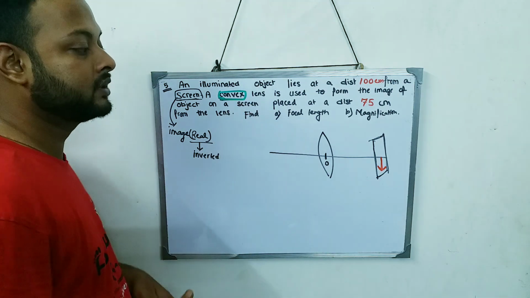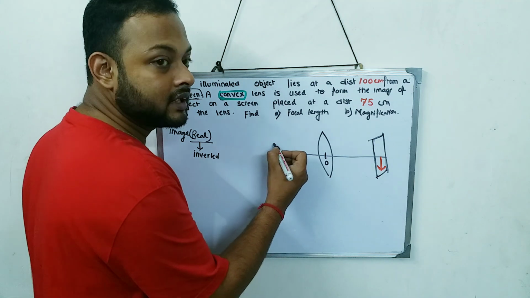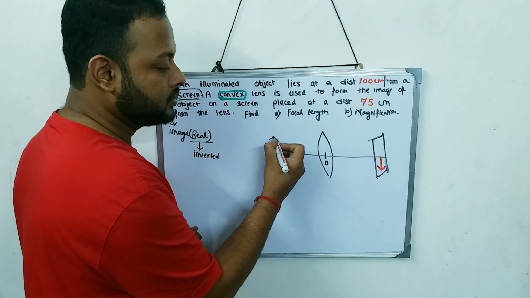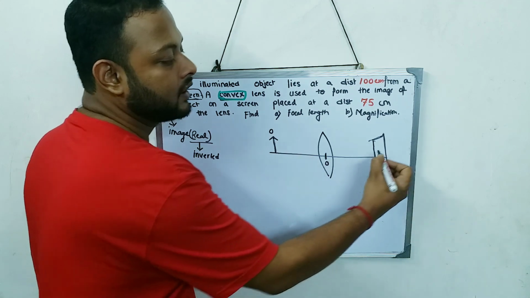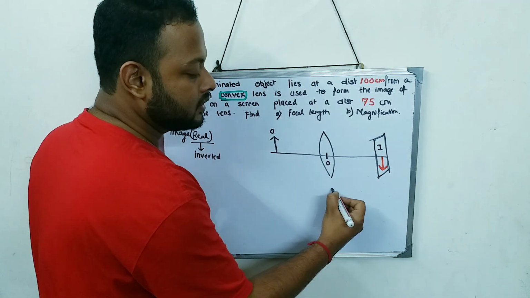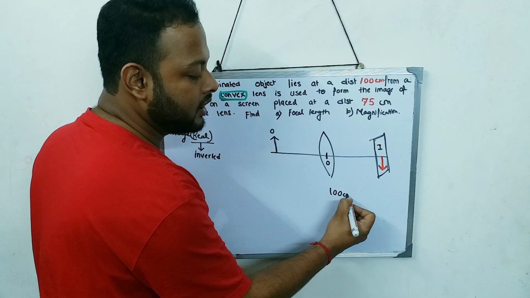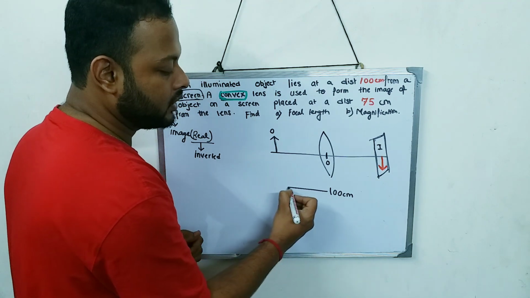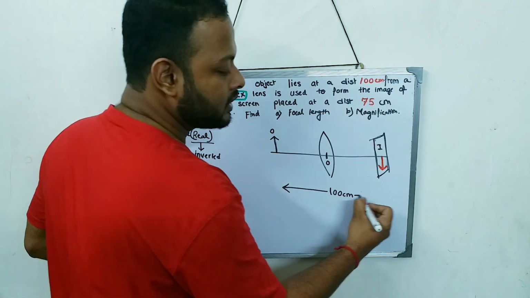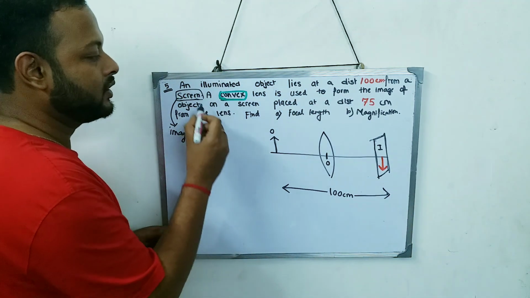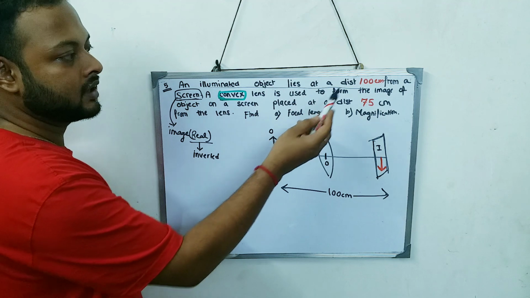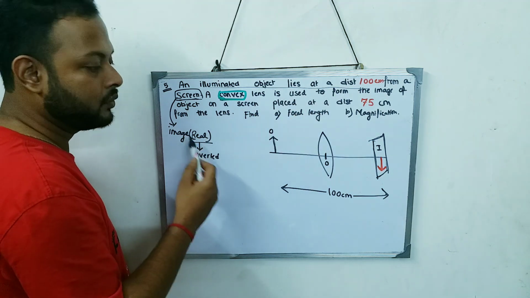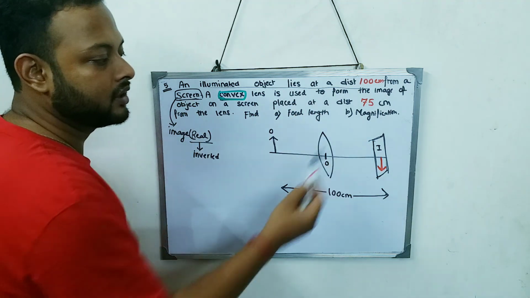The object lies at a distance of 100 centimeters from the screen. So the object lies over here, and the distance between the object and this image is equal to 100 centimeter. Very easily you can understand. So you have decoded the first line of the question: the object lies at a distance 100 centimeter from the real image. Screen means the real image.